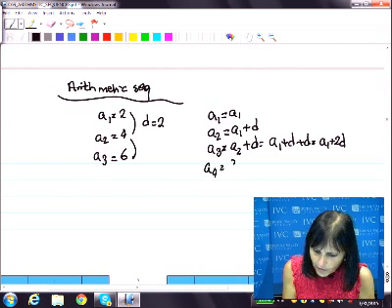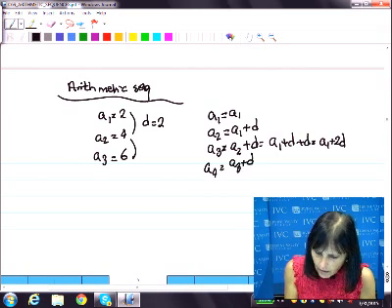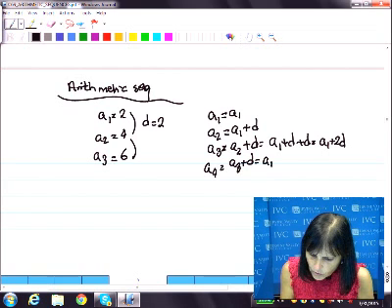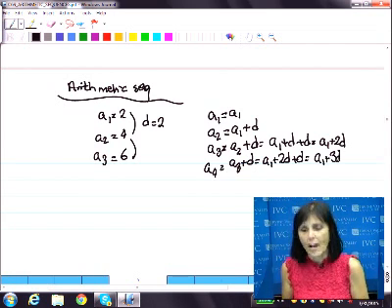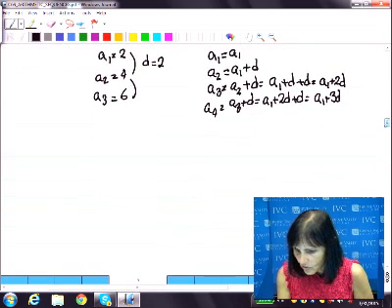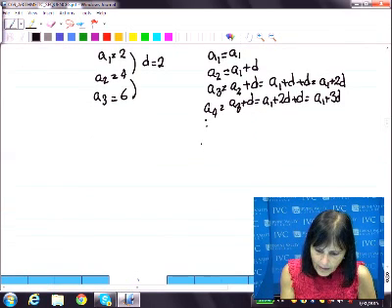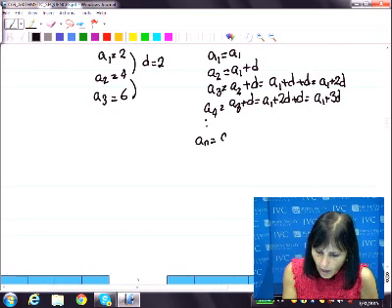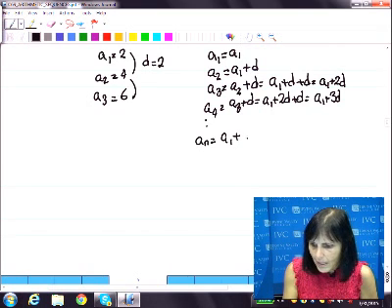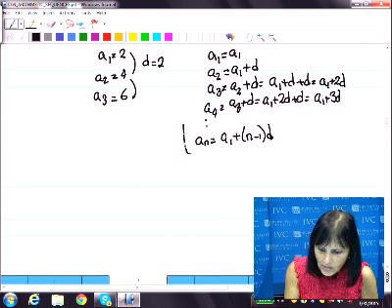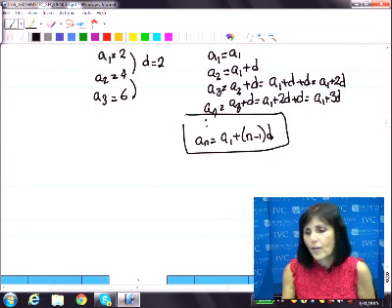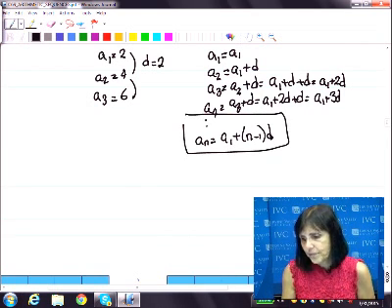A4 is going to be the previous one plus D, and the previous one is supposed to be A1 plus 2D, plus D, and that will give me A1 plus 3D. And I see a trend now. What is the trend? The trend is I always add to A1, but how many times do I add it? n minus 1 times, and that is the general term for an arithmetic sequence.